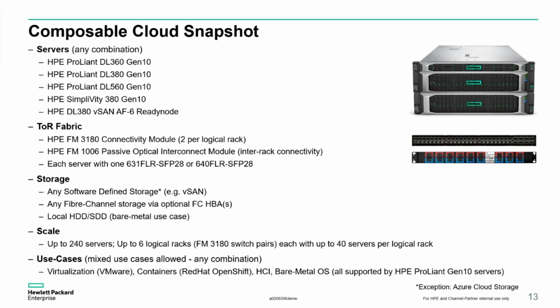That's a future roadmap item, just due to where we are, but wide capability to enable the large spindle count on these platforms, so that if you're trying to build a large software-defined storage fabric, you can do that, and you've got the bandwidth and the performance to do that. We also support fiber channel storage via optional fiber channel HBAs.